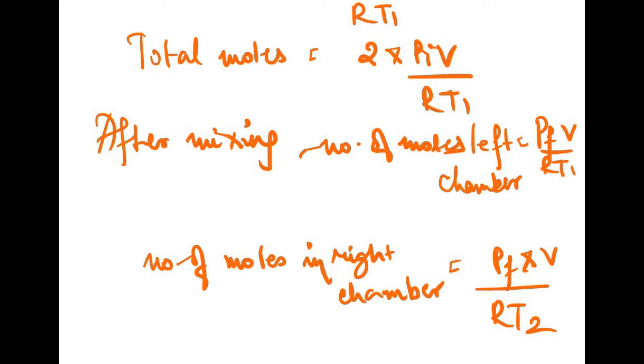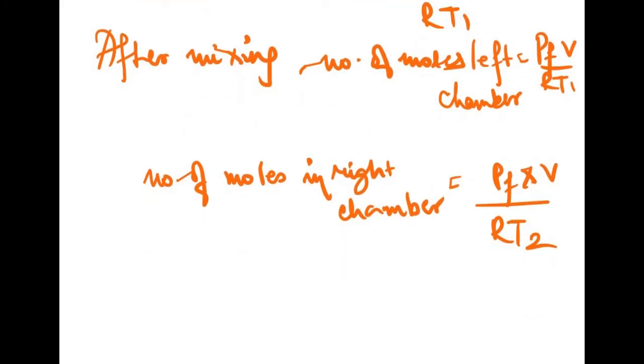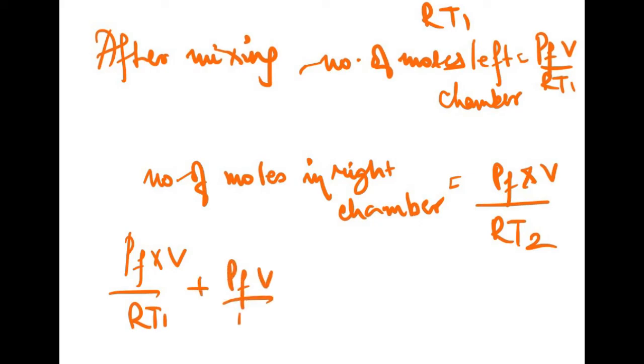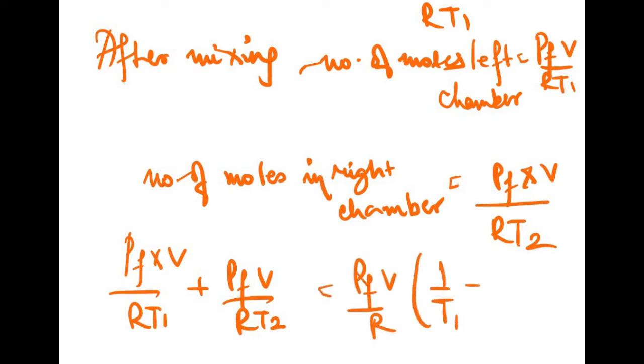Clear? So the total number of moles left after the mixing would be PF into V by RT1 plus PF into V by RT2. This should come out to be PF into V by R into 1 by T1 plus 1 by T2.